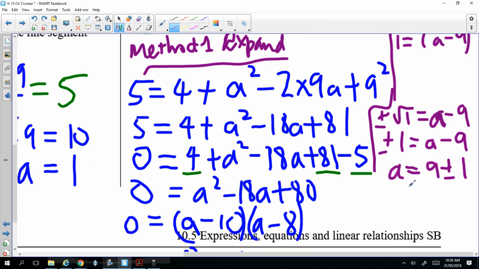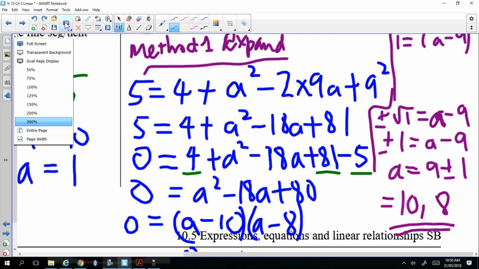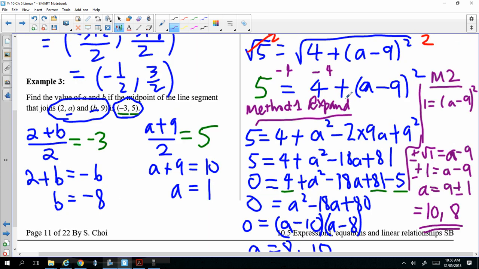Much quicker, which is same as before. Alright? So this is what you do when you see this sort of thing. Make sure you square root it, but get rid of the 4 first. Square root plus or minus, otherwise you only get one answer. Then you add 9 to the plus or minus 1. 9 plus 1 is 10, or 9 minus 1 is 8.